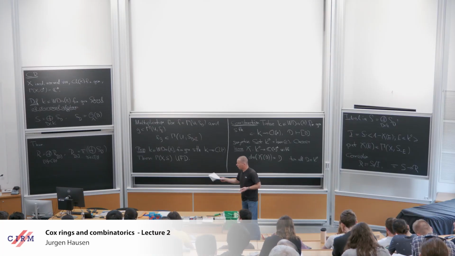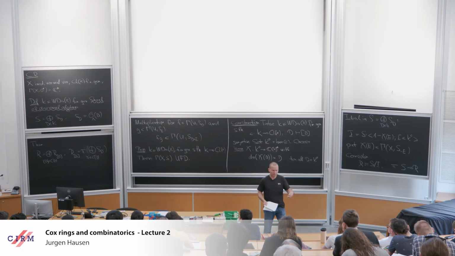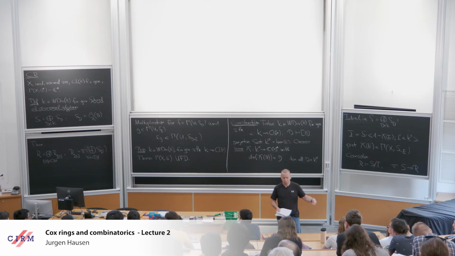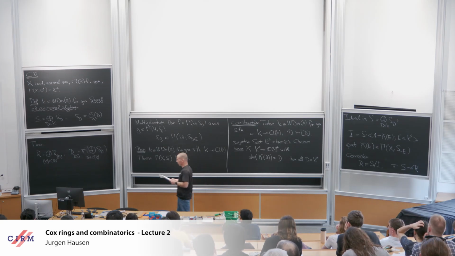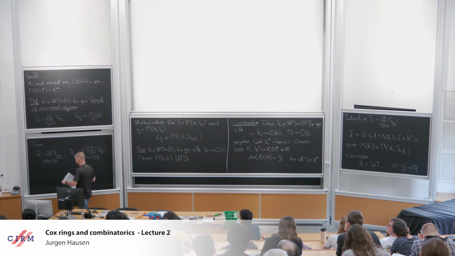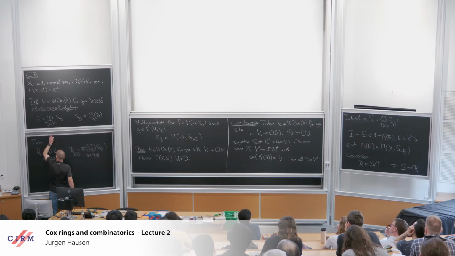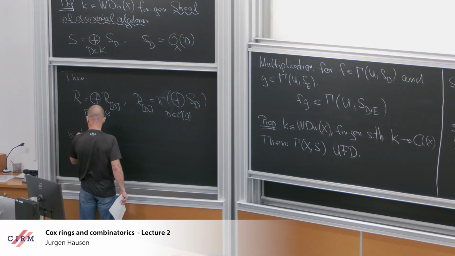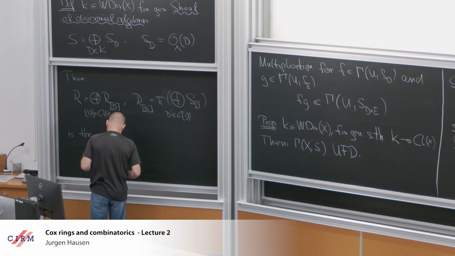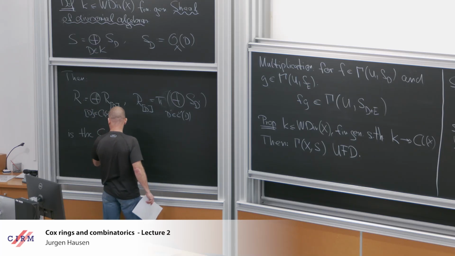So far, apart from big symbols, I think it is very natural and not too hard what we did. And this guy has a name. This is what I call the Cox sheaf.